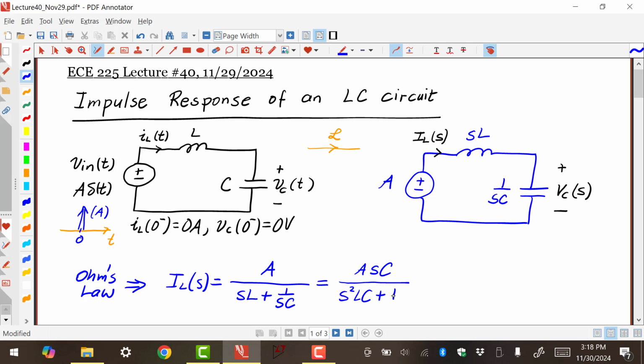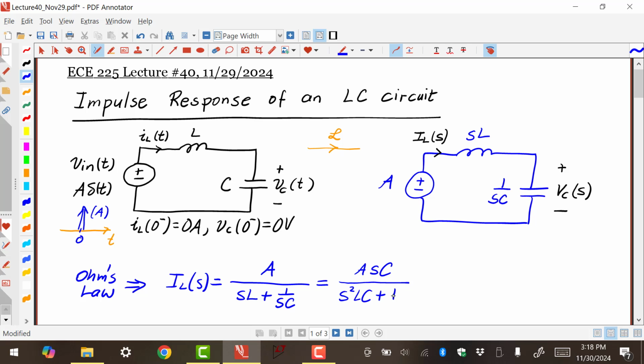And now we're going to divide top and bottom by LC. And the reason we're doing that is because the form of the expression that involves a quadratic for second order systems, for Laplace transforms, has the highest order term of the polynomial equal to 1.